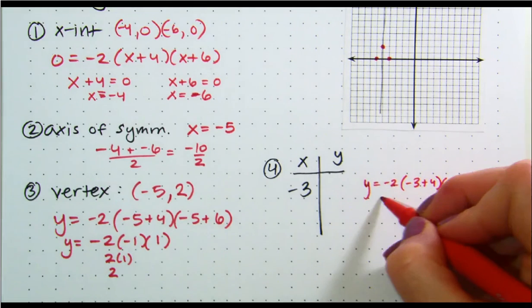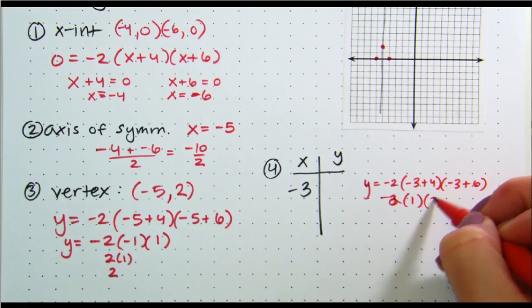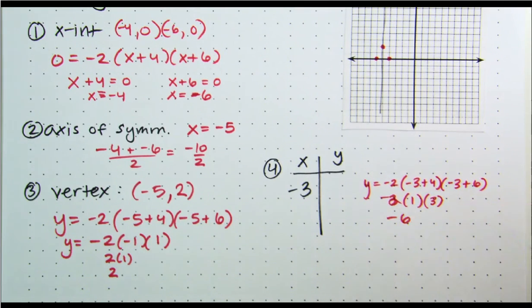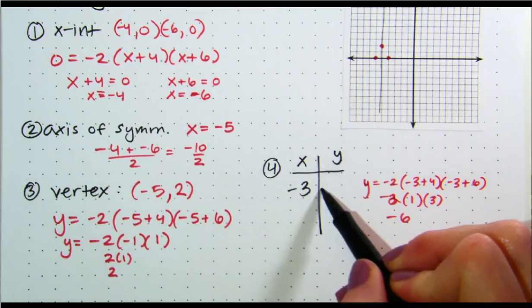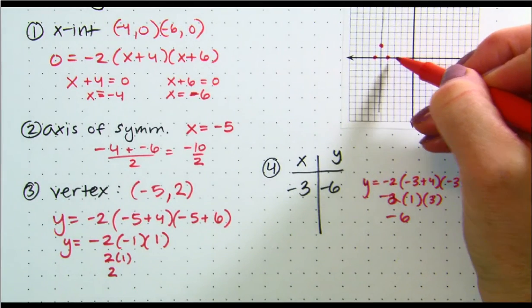Okay, so we just work all that out. And we get -6. So when x is -3, y is -6.